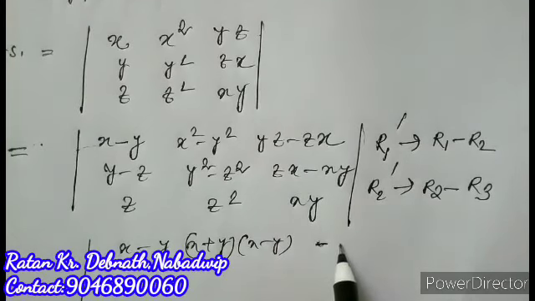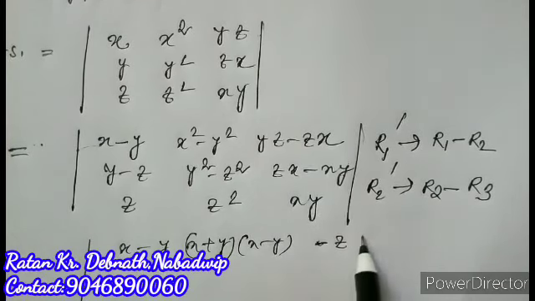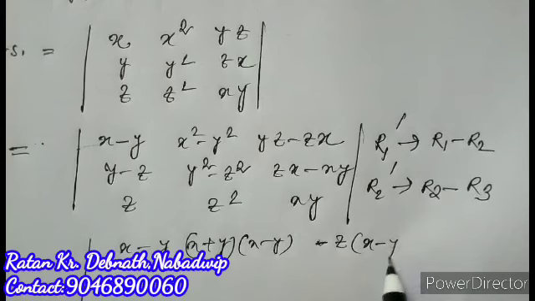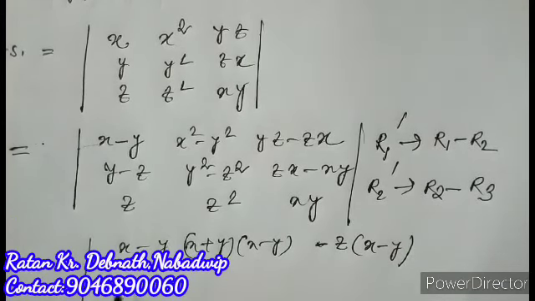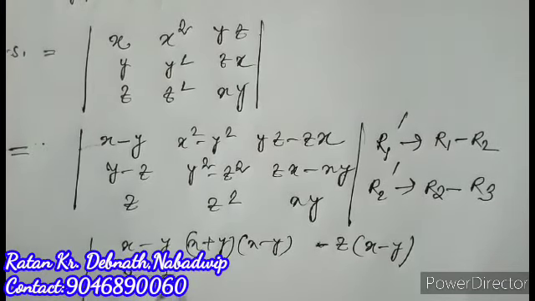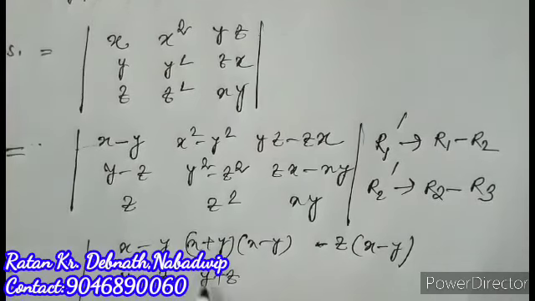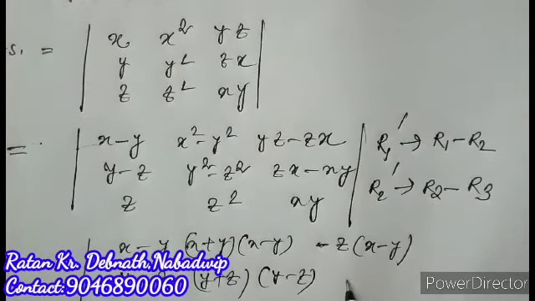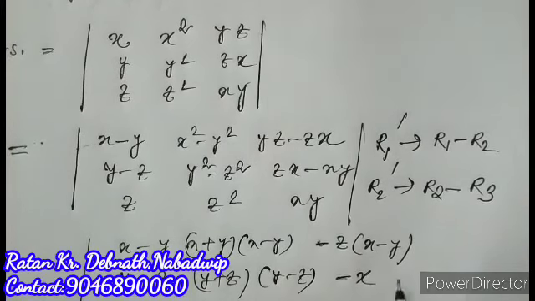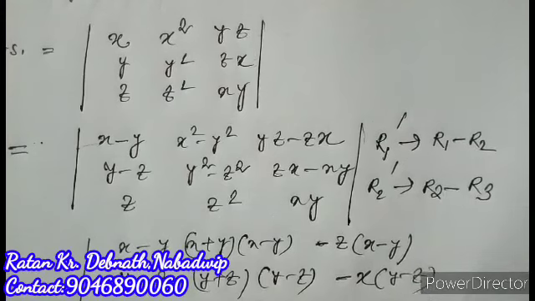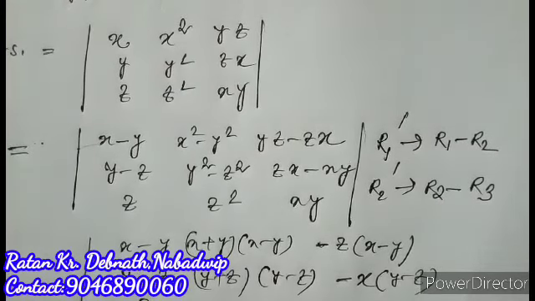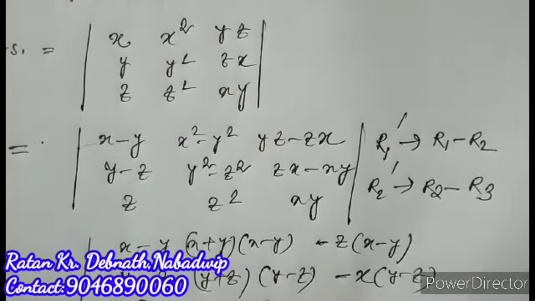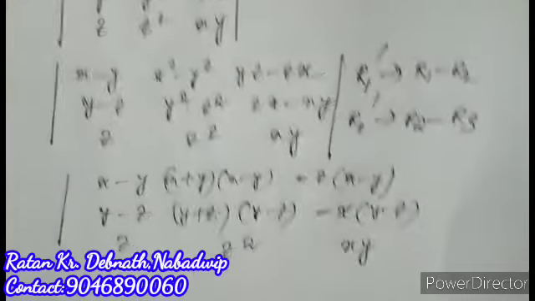I am taking common minus z, so x minus y, y minus z, y plus z into y minus z, minus x, I am taking common minus x, so y minus z, z, z square xy.